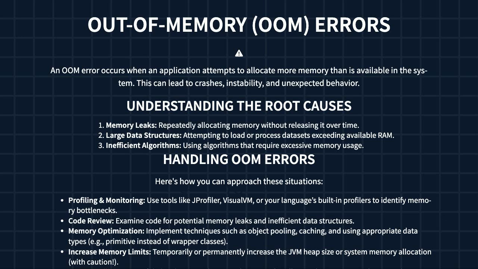To tackle this, you'll want to start by profiling and monitoring your application to find exactly where the memory is being used excessively. Then, a thorough code review can help spot potential leaks or inefficient data structures. Don't forget about optimizing your algorithms and even considering increasing the available memory, but always do that cautiously.